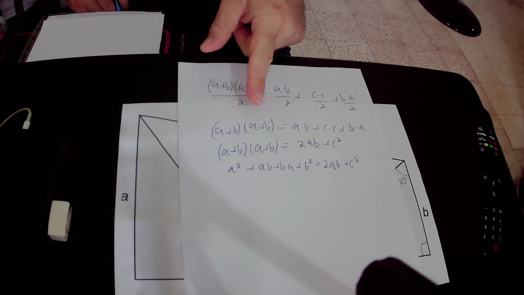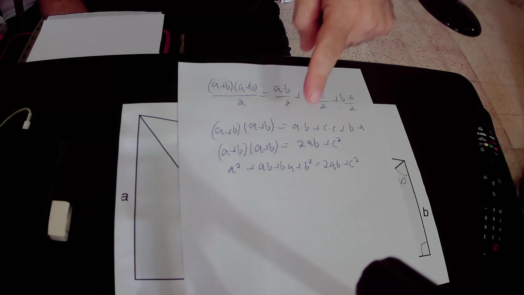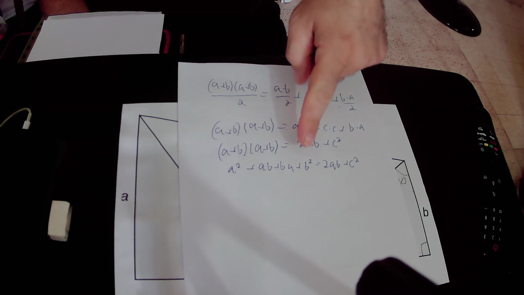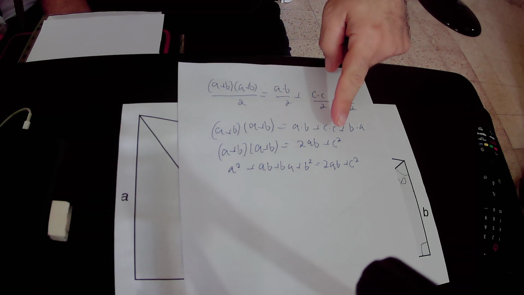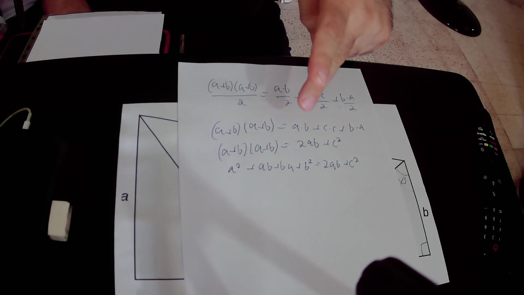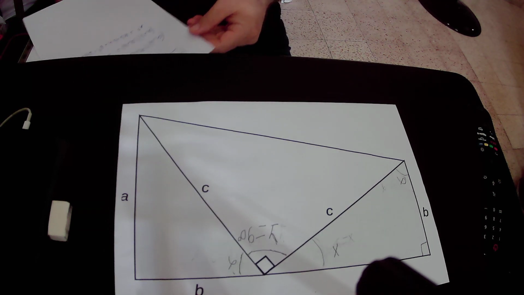So A times A is A squared, A times B is AB, B times A is BA, and B times B is B squared, all equals 2AB plus C squared. Again, A times B plus B times A is 2AB, so we'll write it.